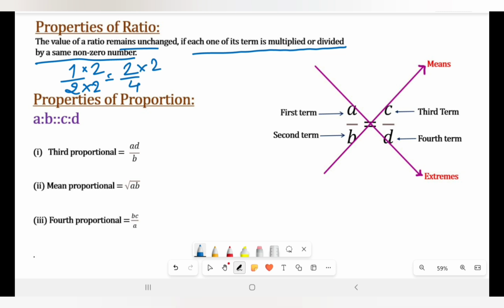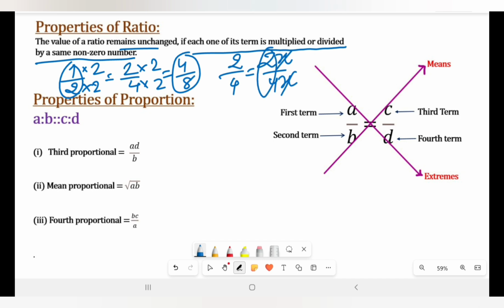Again, if we multiply by 2, it will be 4 by 8. If we simplify this value, it will again be 1 by 2. So the value remains unchanged. Sometimes while solving problems, people write 2 by 4 as 2x divided by 4x. Why they do this is, if we cancel x, the value remains 2 by 4.